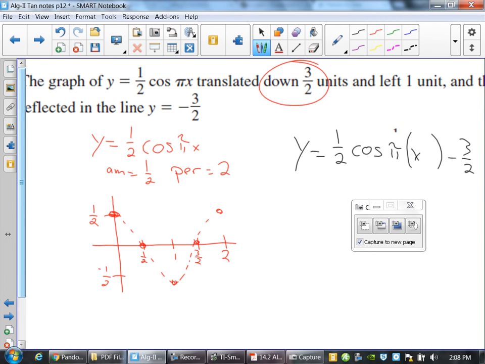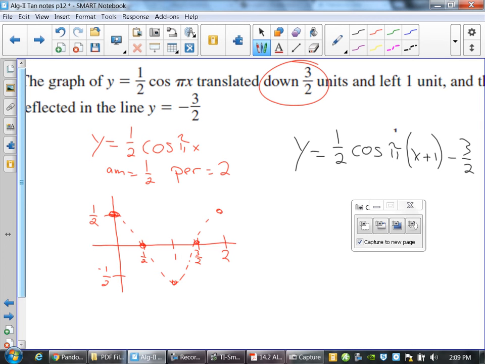It has to move down 3 halves. It also says to move left 1. If I move left 1, is it going to be a +1 or a -1? +1. So this is my new equation.